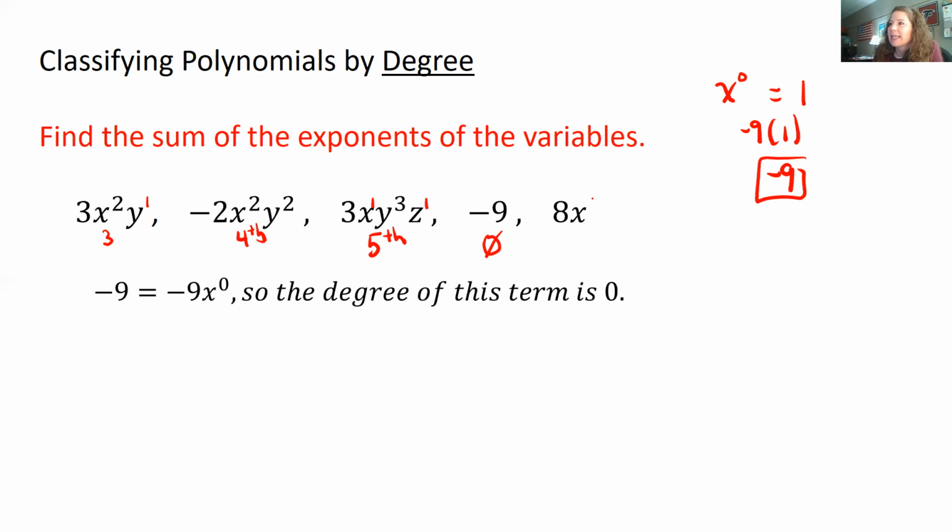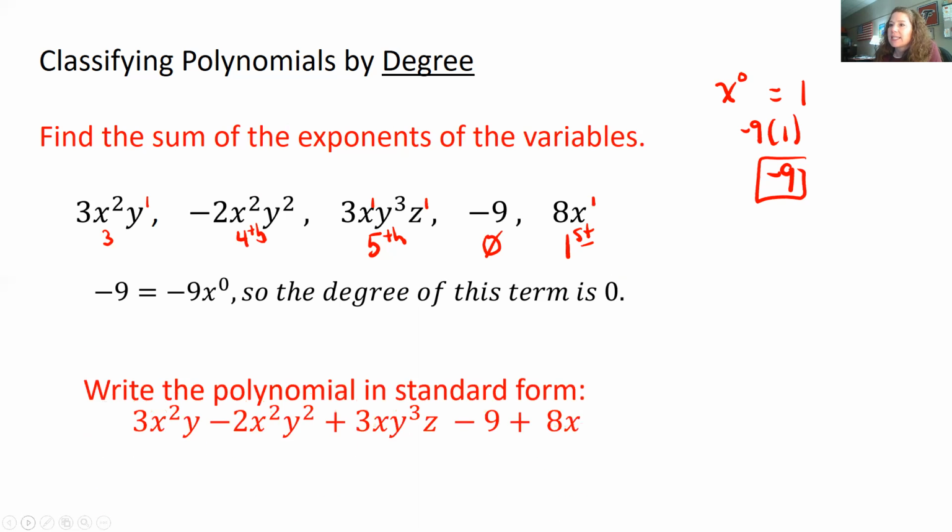Now this one is 1st degree. This is a 1st degree monomial because if I added an exponent, it would have to be a 1. So these can't be the same. This is the 0 degree and this is a 1st degree. And that's what I put right here. So -9 is the same as -9x to the 0 power, so the degree of this term is 0.